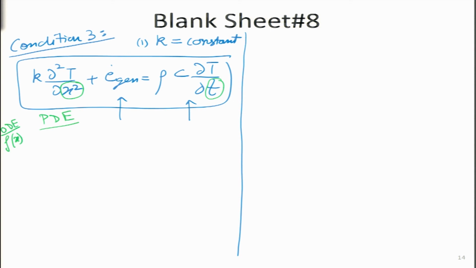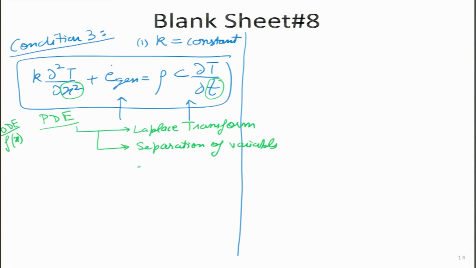So, in order to solve this type of PDE, we will use some advanced methods like Laplace transform. We can also use separation of variables, and there are some numerical methods also available to us, like finite difference method and finite element method.